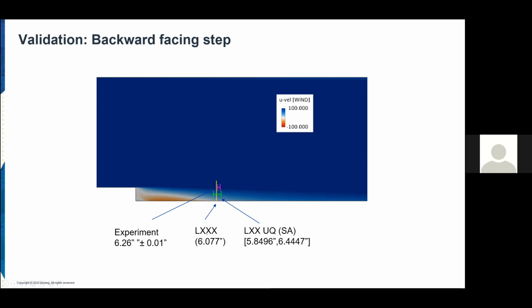If we go one level of grid finer, you see that we're right about at the edge of the experimental uncertainty. By the time we add on additional uncertainty due to the turbulence model and grid resolution, that would probably still at least overlap part of the experiment.